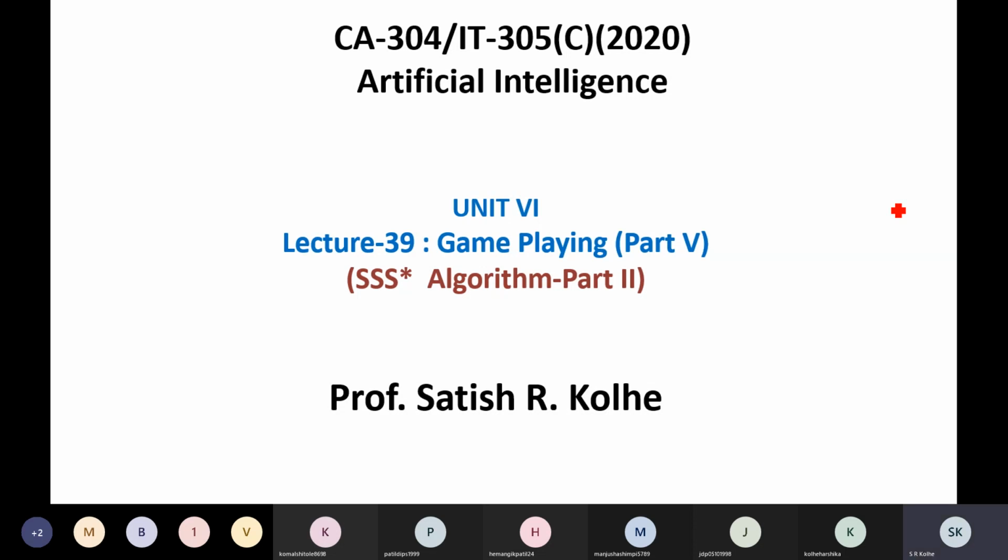Now today we are going to continue our discussion on the SSS star algorithm, which searches the game tree guided by some heuristic information. This algorithm was developed by Stockman in 1979.